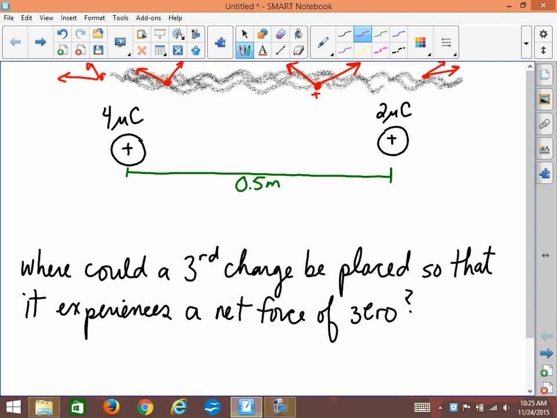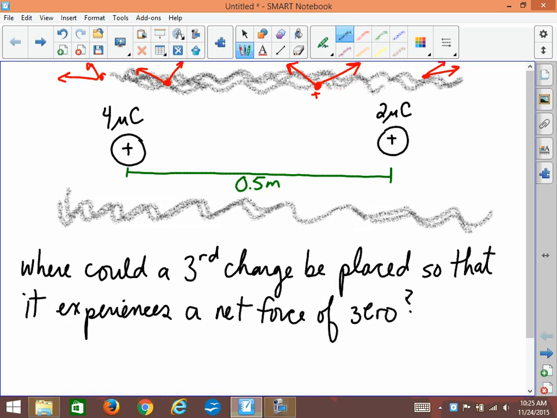And of course, by the same logic, if we look at the area down here, underneath, it's the same idea. If we go with another charge over here, well, it would be repelled from the 2 microcoulomb charge and repelled from the 4. Anywhere over here, repelled from the 4 and repelled from the 2. There's no way that we can get those vectors to add to 0.